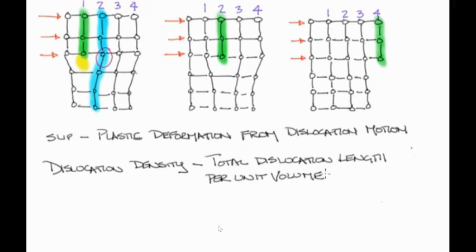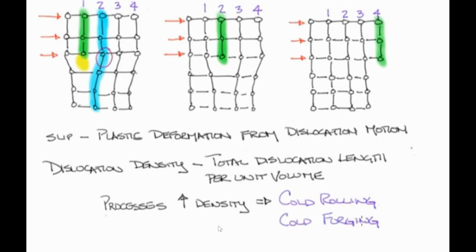What you'll find is that different types of processing that we do will actually increase our dislocation density. For instance, processes that can increase your dislocation density include cold rolling. Another process that may increase your dislocation density would be cold forging.